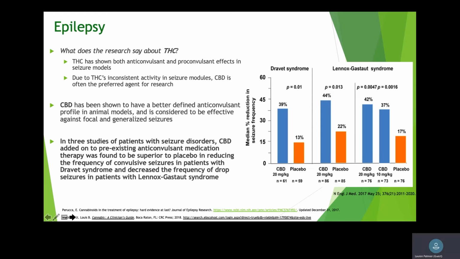The image to the right on this slide shows the results of these 3 placebo-controlled trials looking at the results of CBD on seizure frequency. Each of these 3 studies showed statistically significant results, with CBD causing a higher reduction of seizure frequency in both Dravet syndrome and Lennox-Gastaut syndrome, which are 2 different types of epilepsy.